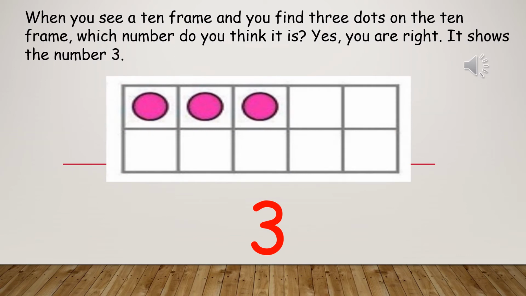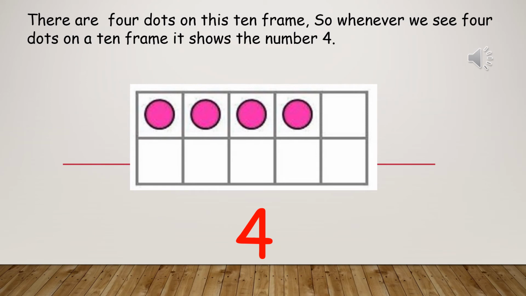When you see a 10 frame and you find 3 dots on the 10 frame, which number do you think it is? Yes, you are right. It shows the number 3.